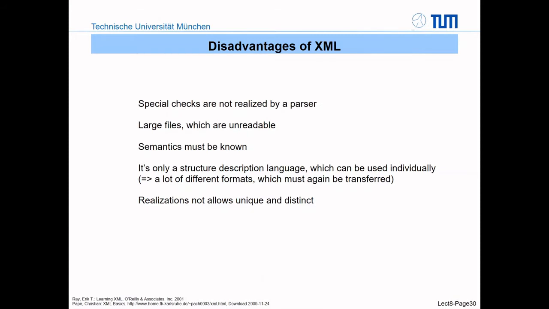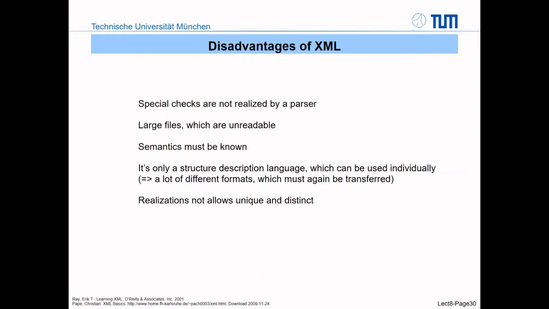So you get a bunch of formats which are again individual. So you have to write additional programs to understand these formats, or you make a standardization of the format again. And then you can think about why XML is so important if you have to do a standardization of the XML format which you define with XML again.